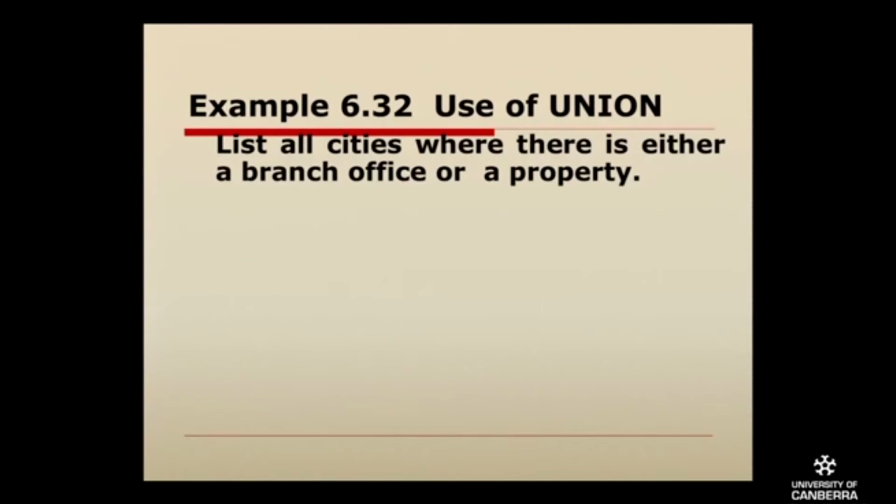So, list all cities where there is either a branch office or a property for rent. So what we have here is, imagine you've got a table branch with the branch number and the branch address. And then you've got a table property that has got the property number, property address, a city as one of the attributes.